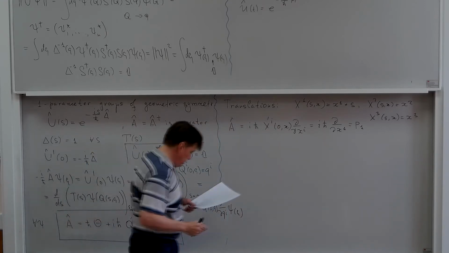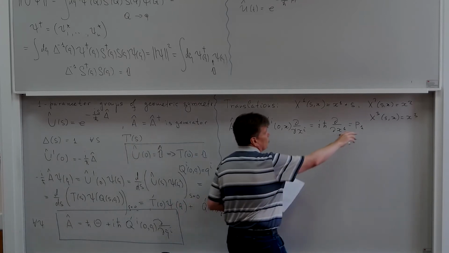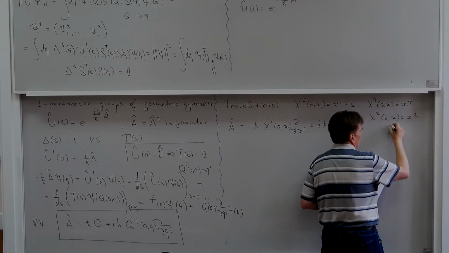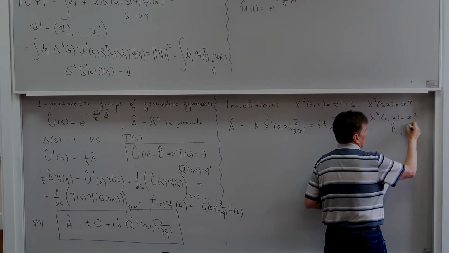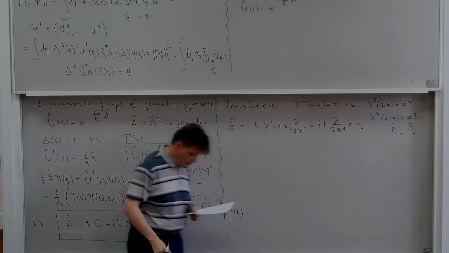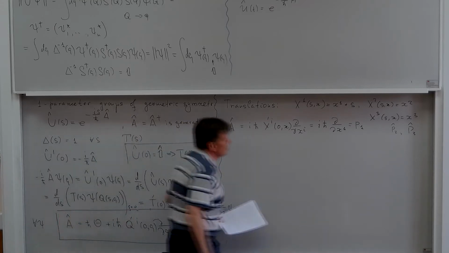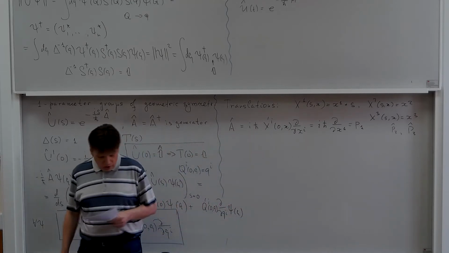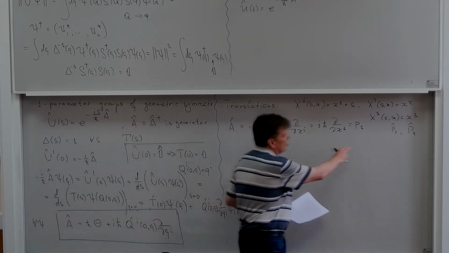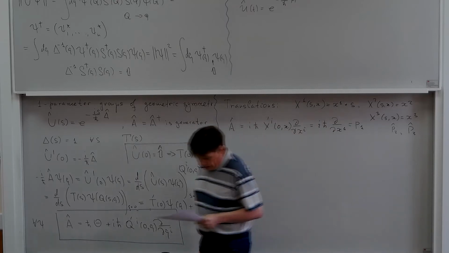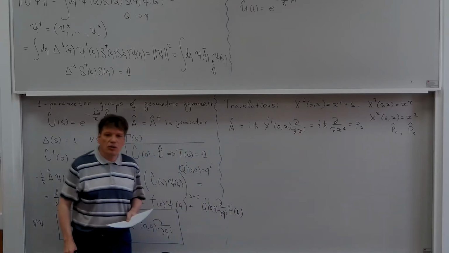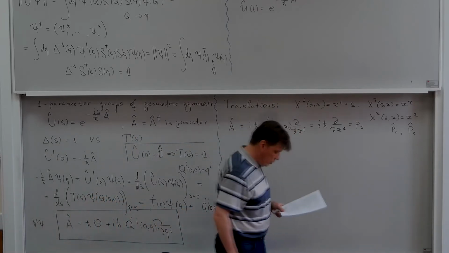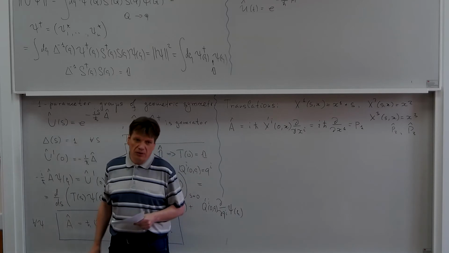And in the same way, the translations along x2 and x3 are generated by the remaining two components p2 and p3. There is not much difference between these components. And all these generators, I mean p1, p2 and p3, are conserved quantities, are integrals of motion, whenever the space translations are symmetries of the Hamiltonian.